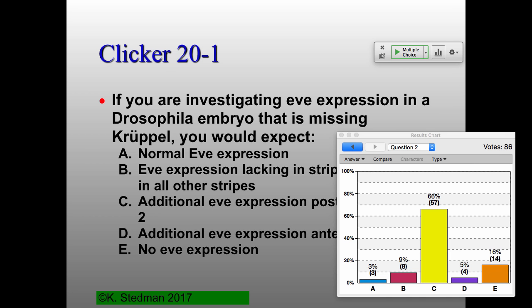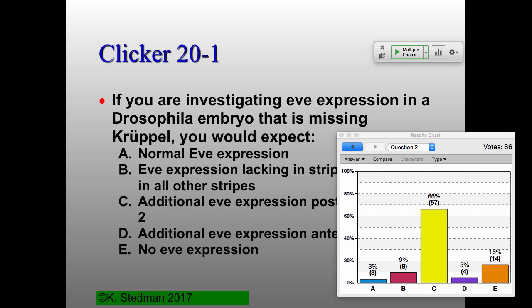So normal Eve expression you definitely wouldn't have because you're missing that one particular regulator. Lacking in stripe 2 but normal in all other stripes, no, because you're missing a repressor. Posterior, again, because yes, you've got the activators, but you're missing the repressor there. Anterior, posterior, front, back. If I'd said something about giant, what would the answer have been? It would have been D, no Eve expression.